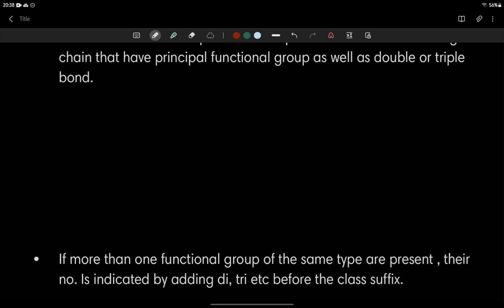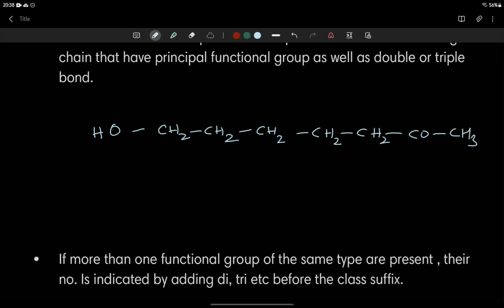Now here you have OH, CH2, CH2, CH2, CH2, CO and CH3. Clearly you can see there are two functional groups available over here. One is the CO, that is a ketone group, and one is the alcohol.